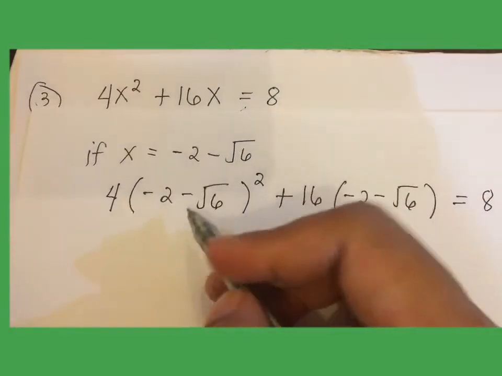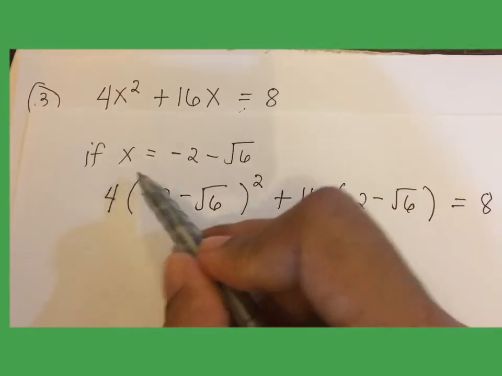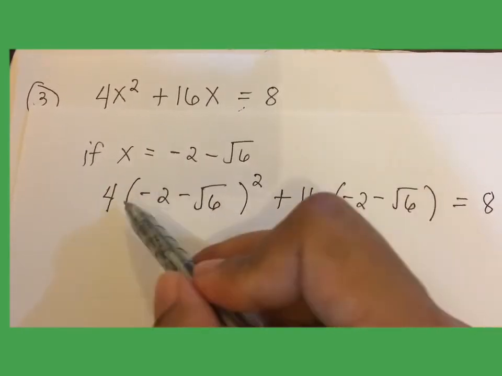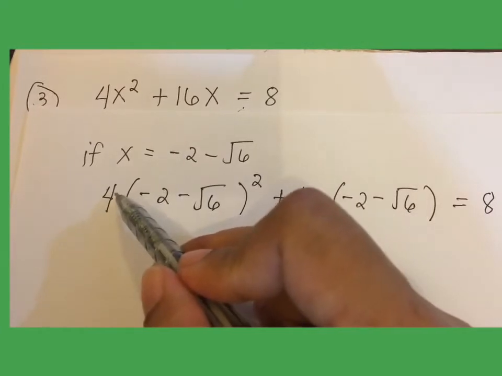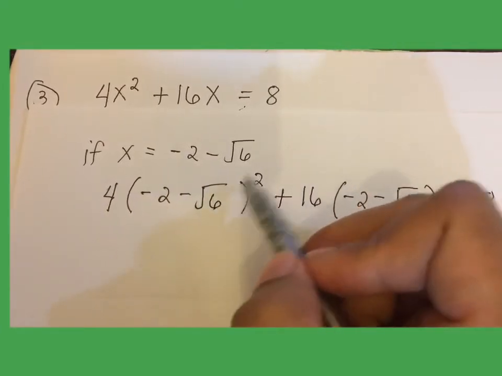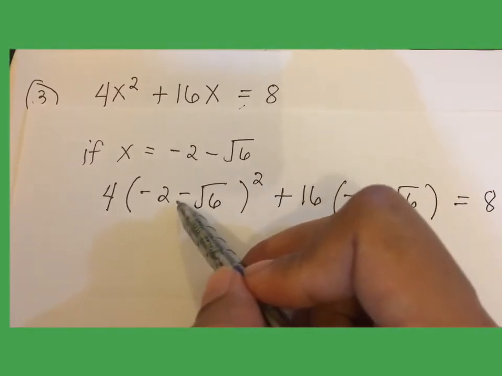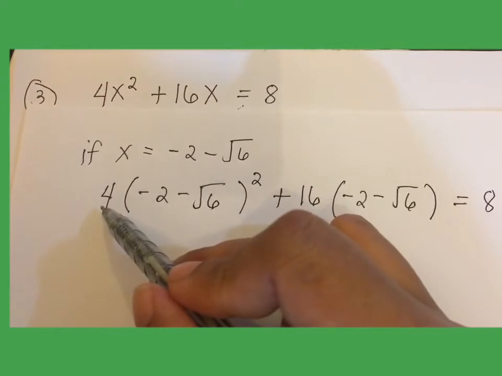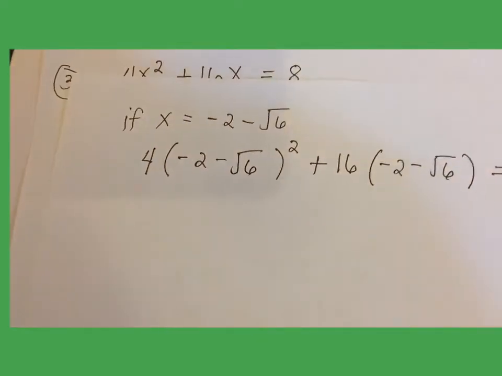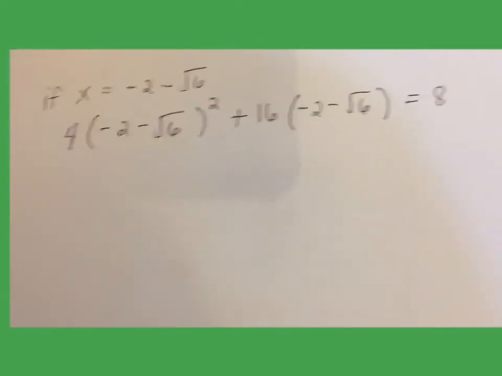Now, we apply the PEMDAS. We cannot multiply this just yet because we have an exponent here. So we need to simplify this first before we multiply it by 4. So this becomes what?